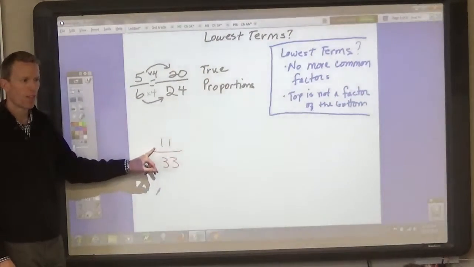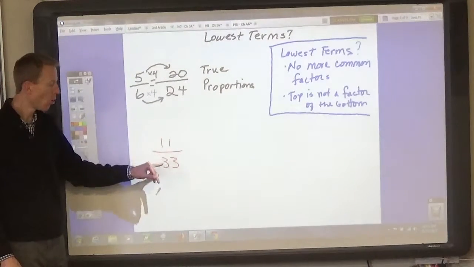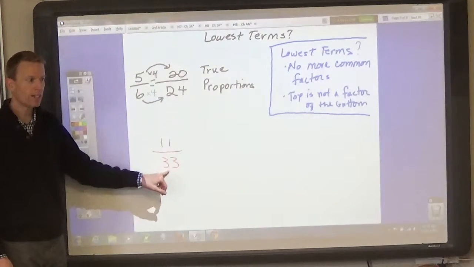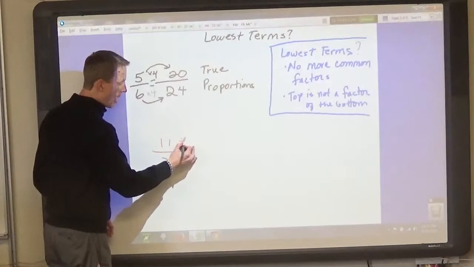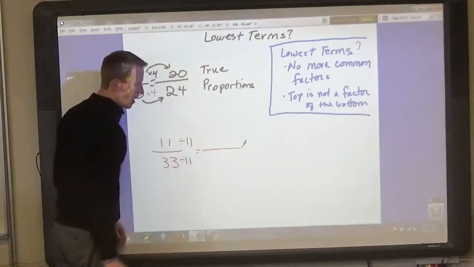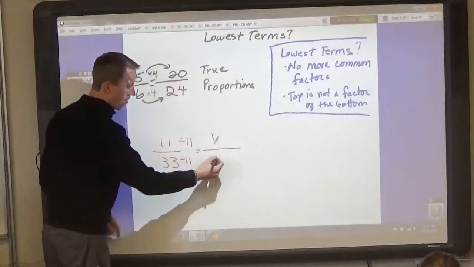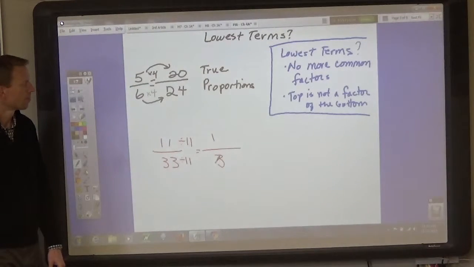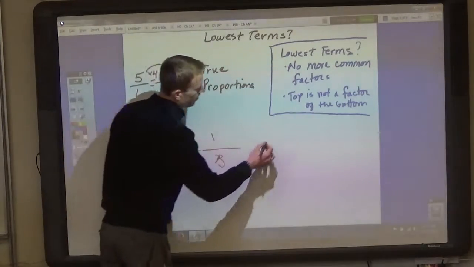Yes, so there's no other factors that go into 11, right? But does the top number go into the bottom number? Yeah. 33 is divisible by 11. So then we have to use that as a factor and reduce it to 1/3. Okay? 1/3.